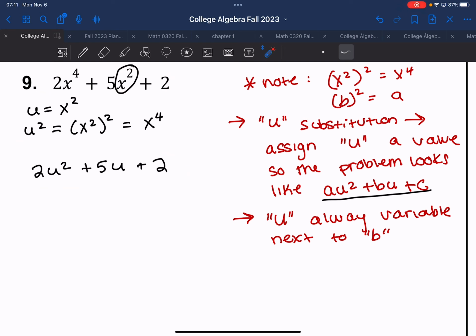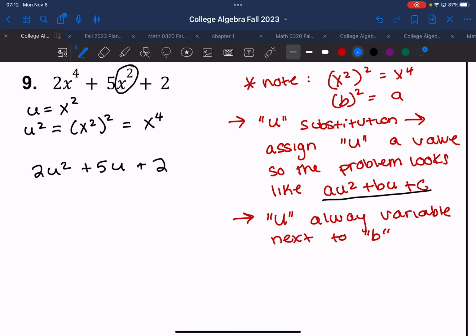Okay. So this could be true if, notice that x to the fourth and x squared, if I square x squared, I get x to the fourth. That means I could have these numbers as 6 and 3, right? Because if you square x cubed, you get x to the, remember we talked about those exponent properties?